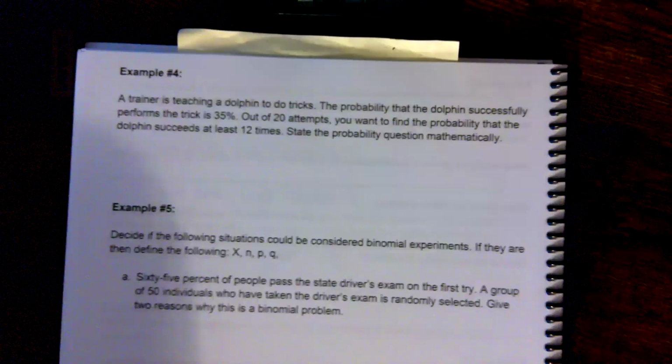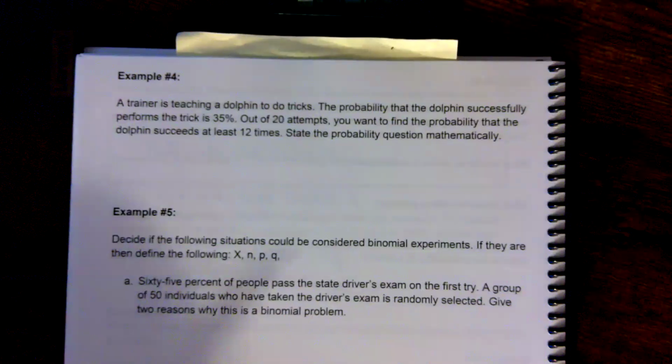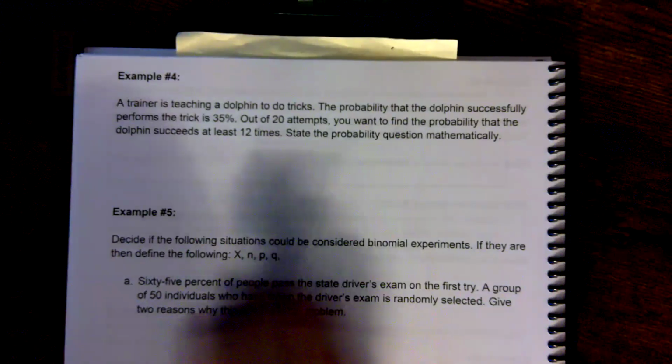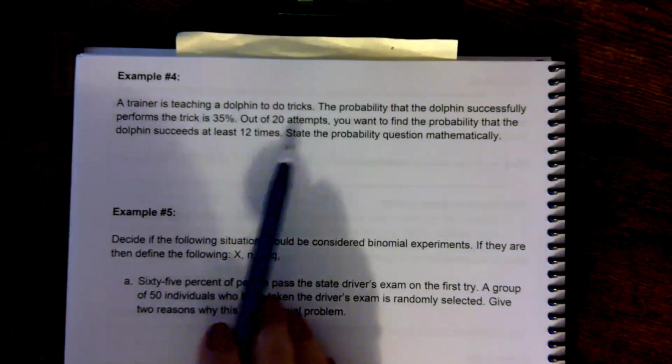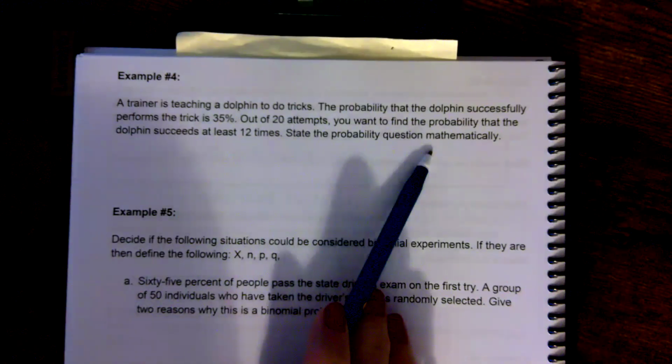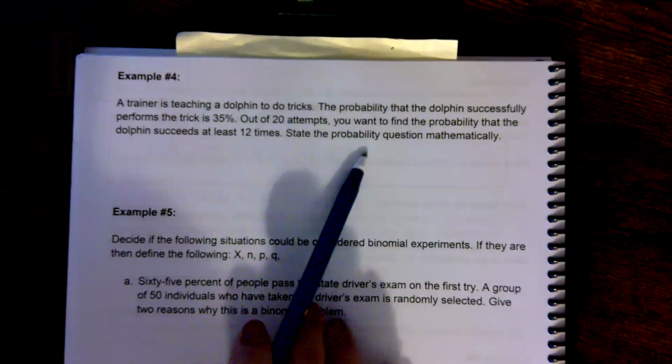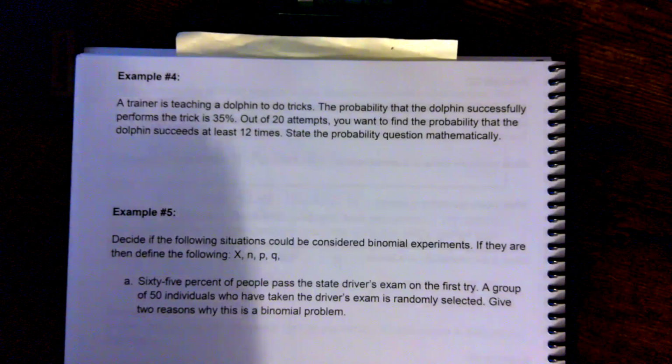Okay, number 4. A trainer is teaching a dolphin to do tricks. The probability that the dolphin successfully performs a trick is 35%. Out of 20 attempts, you want to find the probability that the dolphin succeeds at least 12 times. State the probability question mathematically. We're not going to answer it. We don't know how to do that yet, but we just want to know what it would look like for the reader to read that.